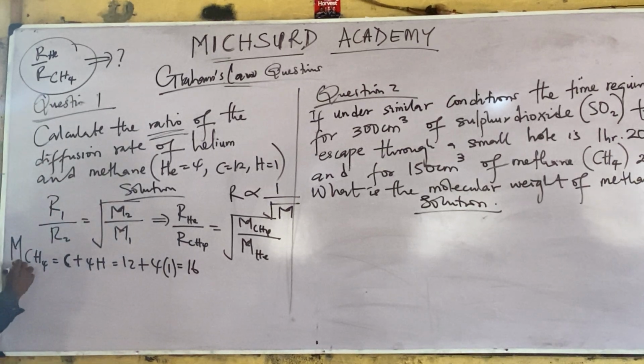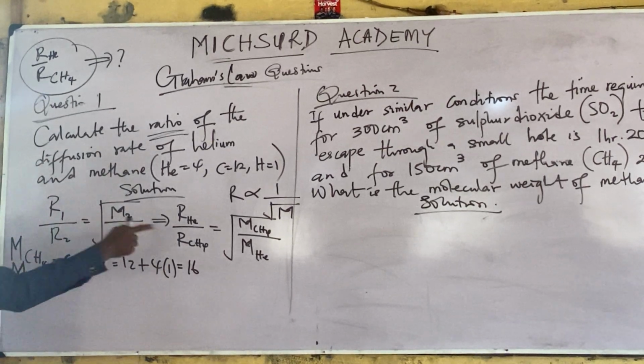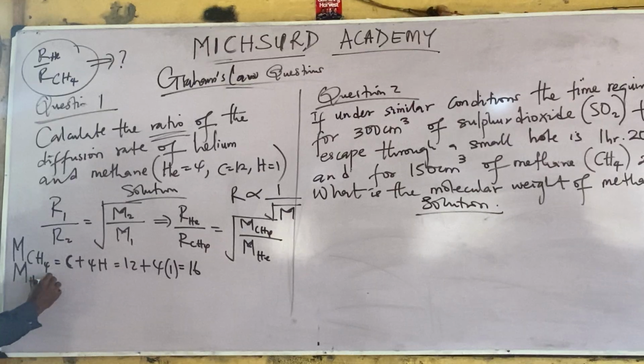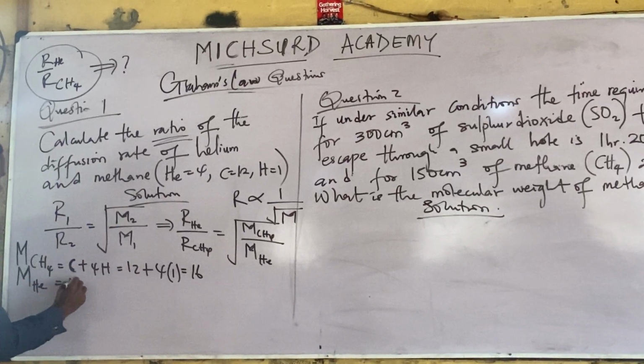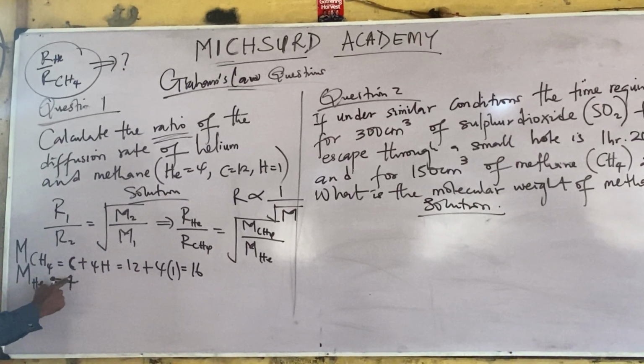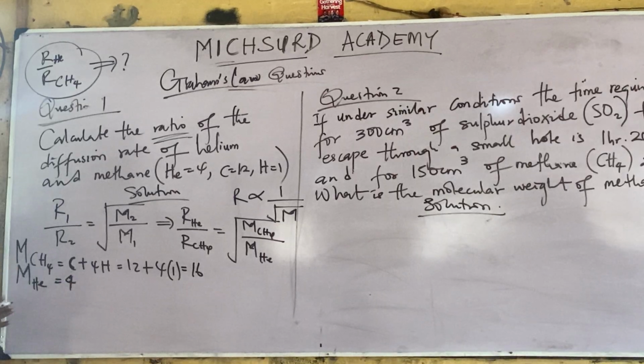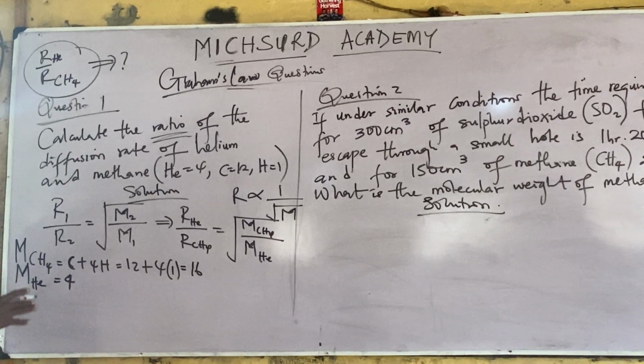Helium is already given in the question as 4. It is just a single atom, so its molecular mass is 4.